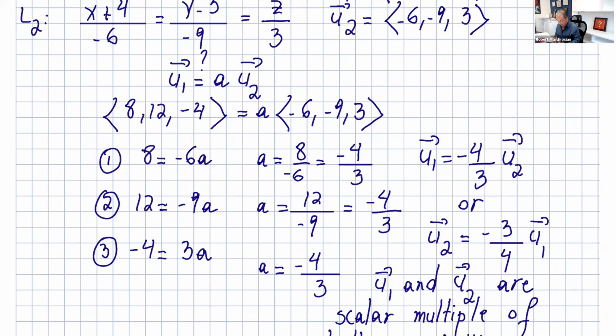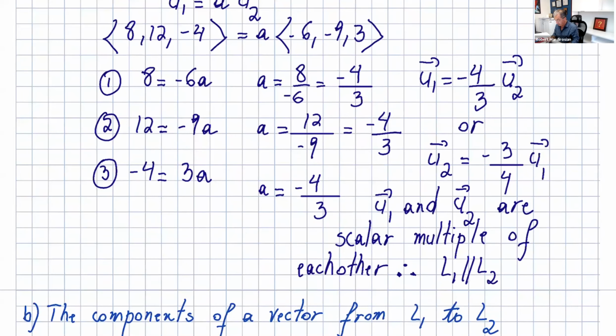If you isolate a in all three cases, you get negative 4 over 3. So u1 is negative 4 over 3 u2, or u2 is negative 3 over 4 u1. Obviously, they're scalar multiples of each other. Therefore, L1 is parallel to L2.